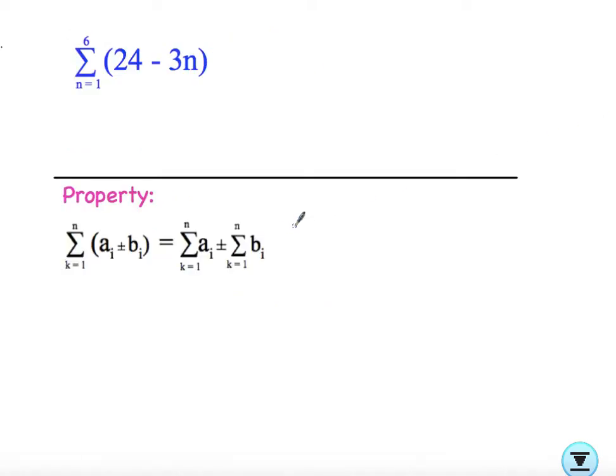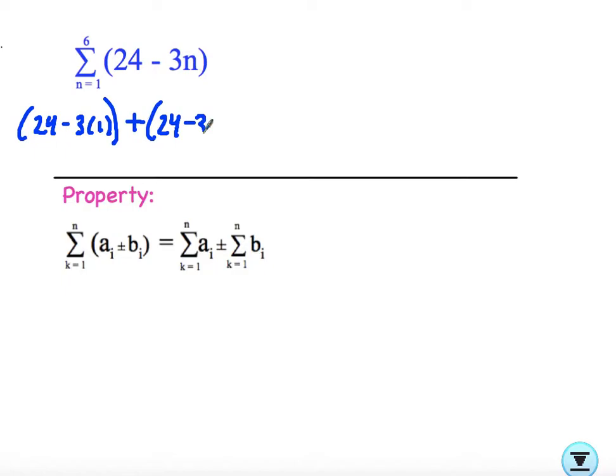All right, here's another example. The long way of doing this problem would not be very fun. So the long way would be to plug in a 1. So I would have 24 minus 3 times 1 plus, and then I would plug in my next term, which is a 2.